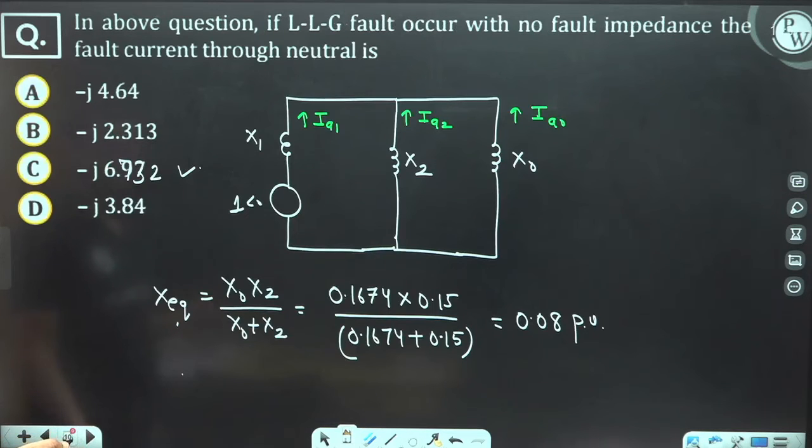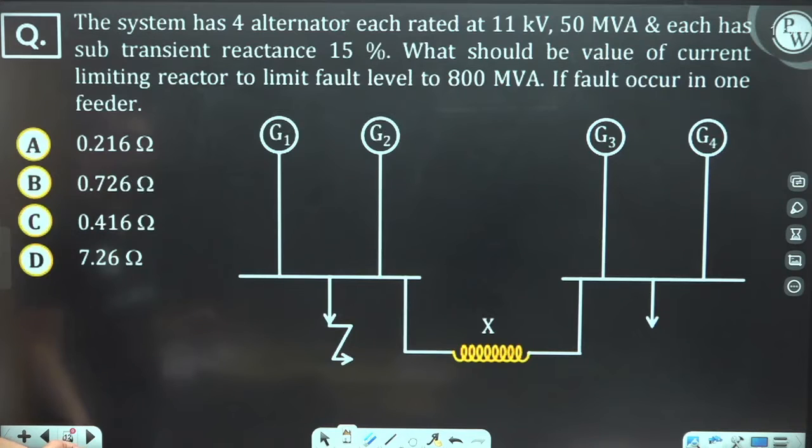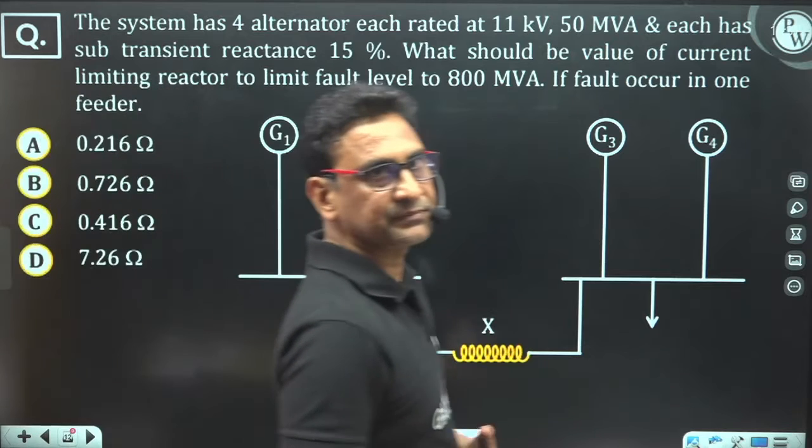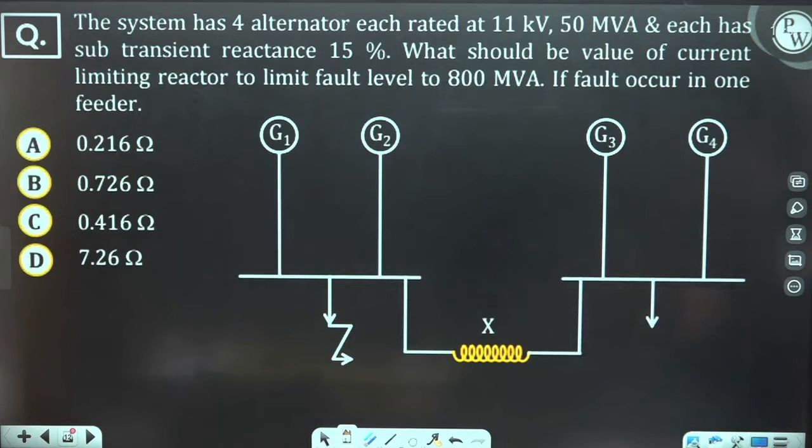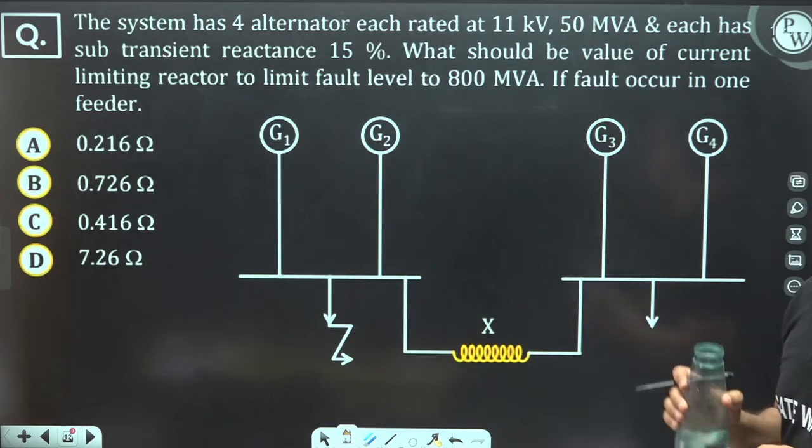Okay. Now I move to the next question. See, in this question, a system has 4 alternators, each rated at 11 kV and 50 MVA. The sub-transient reactance of each alternator is 15%.